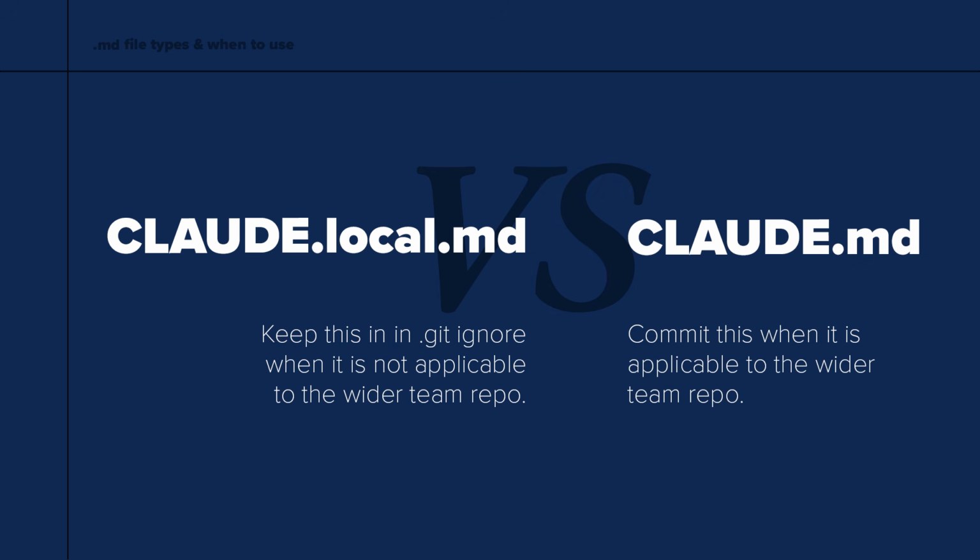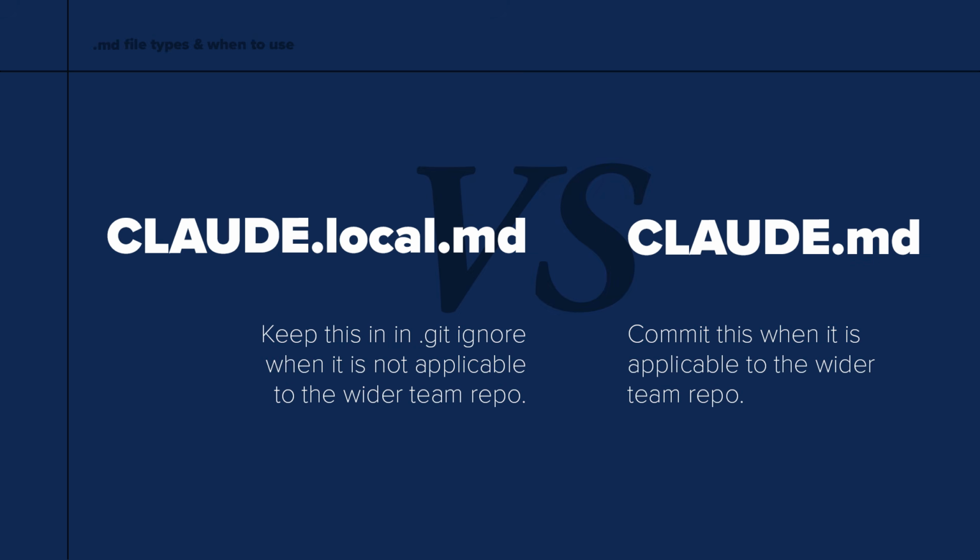This can be used for personal preferences that are used just for you and not committed and added for the wider team. An example here might be, for me, I like to practice test-driven development. So if my wider team doesn't typically do that, I can have instructions in the claude.local.md file to practice test-driven development and have that in the git ignore so that it only applies to my sessions that I start.